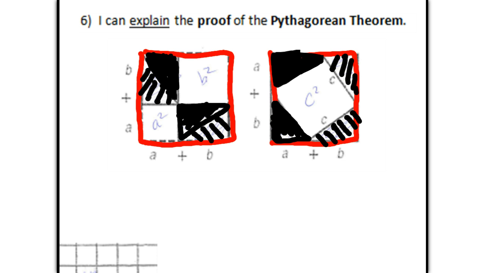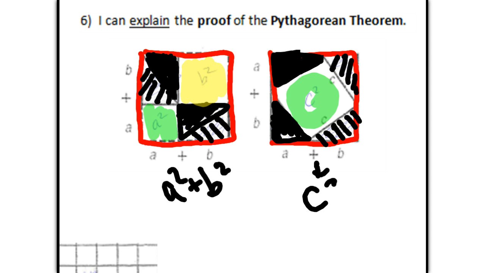So here what we're left with is a squared, b squared, that's what's left over in the left one. And what's left over in the right one is c squared. I shouldn't have done that in green, sorry. But that'll work. So what this means is that here a squared plus b squared is what's left over, and over here c squared is what's left over, so those have to be the same.